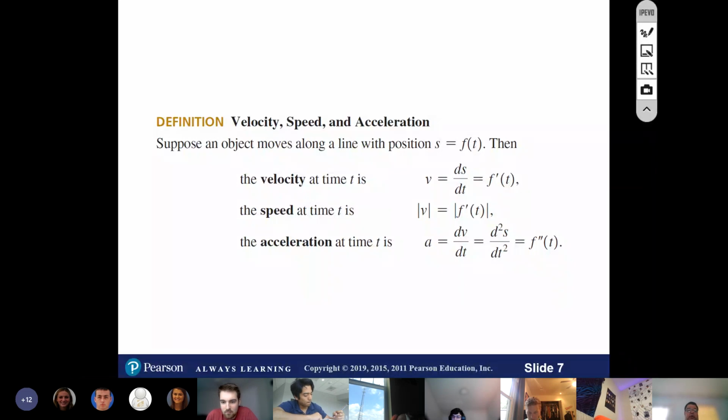The speed is always the absolute value, where the velocity can go up and go down. It can have a positive or a negative. So you might want to make that note. The absolute value is the speed.